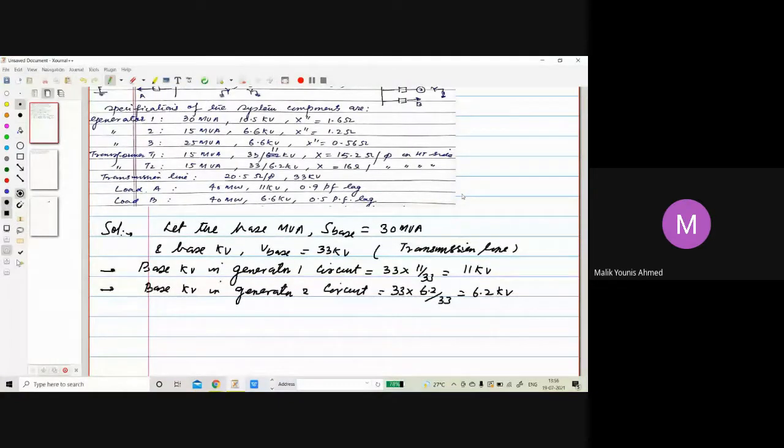So let's now find all the per unit values of reactance or impedance.